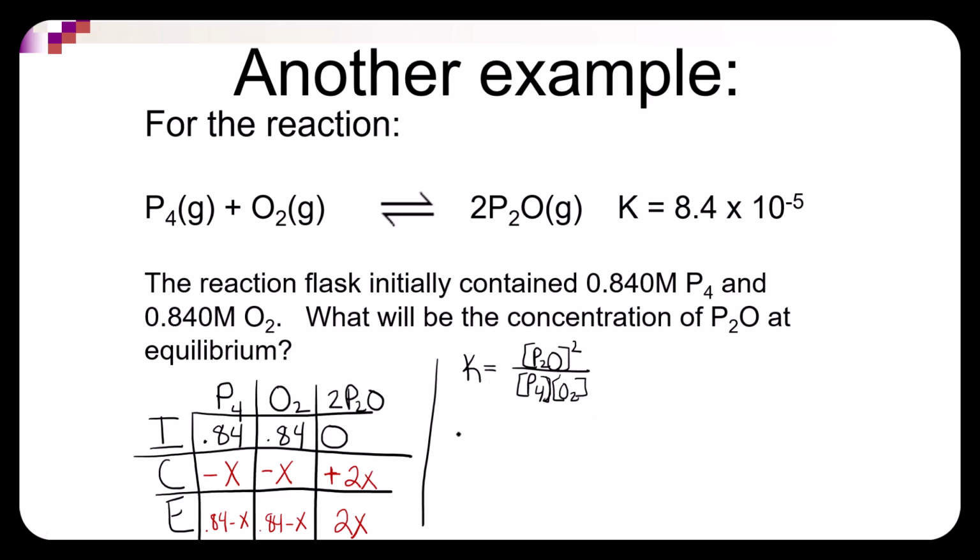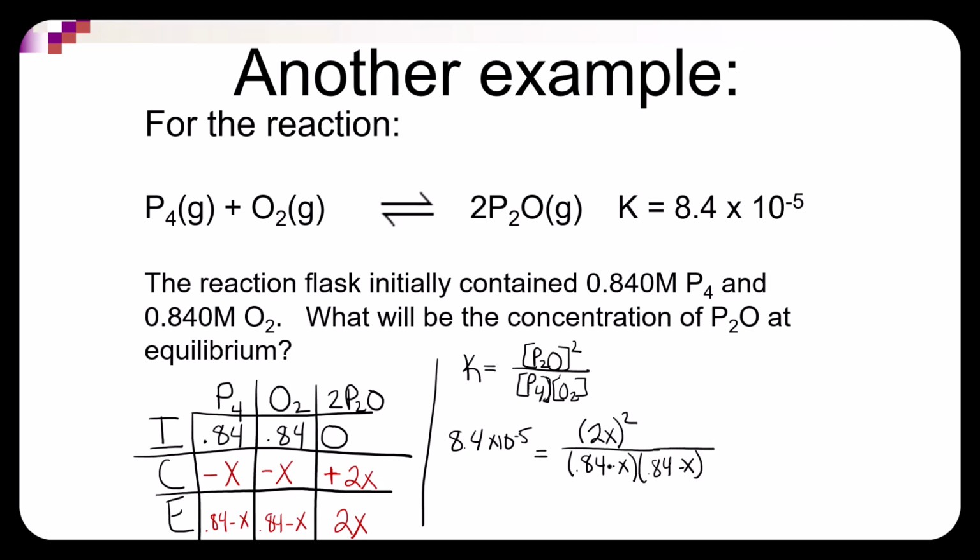So we know that our K is 8.4 times 10 to the negative 5th. We know at equilibrium, our concentration of our product is going to be 2X, and that's going to be squared. And we know the concentrations of our reactants are 0.84 minus X, 0.84 minus X.